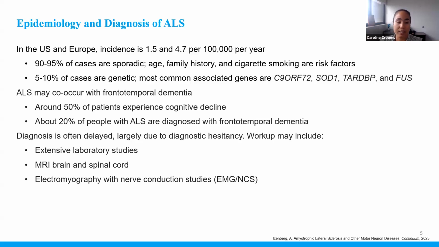Unfortunately, diagnosis of ALS is very often delayed. And a big part of that is diagnostic hesitancy. I think ALS looms large for a lot of clinicians as one of the most devastating illnesses, certainly within neurology, and people are really reluctant to diagnose ALS when there are, in fact, a number of ALS mimics.